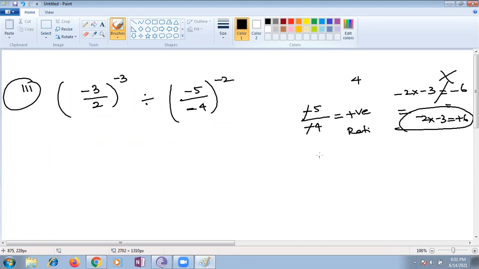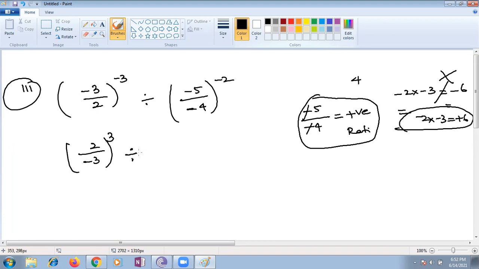Ma'am, we can cut minus and minus. Yes, we have a rule: if both signs are the same, it is a positive rational number. Another law of exponents: a by b whole power minus n can be written as b by a whole power positive n. So 3 by 2 to the power 3 divided by 4 upon 5 to the power 2.